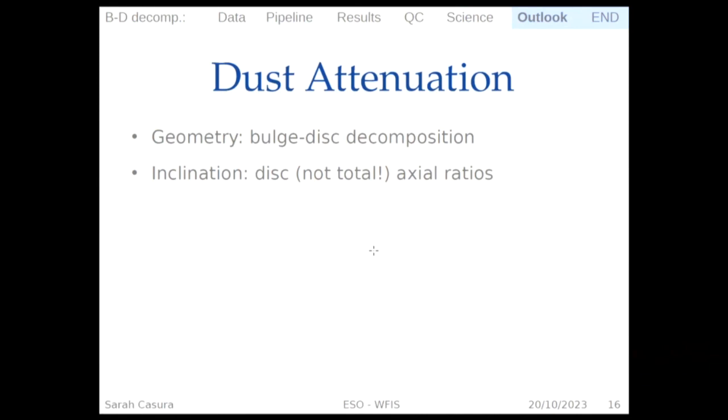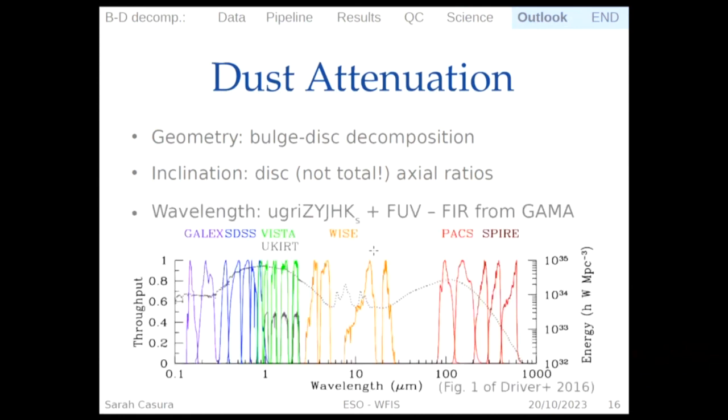We need inclinations, so we need actual disk axial ratios, and we need a broad wavelength coverage. UGRI, ZYJ, HKS is what we have from my catalog. And then from GAMA, we also have ancillary data covering the far UV to far infrared. That doesn't have the detailed structural decompositions, but it can be used as additional data points at least.